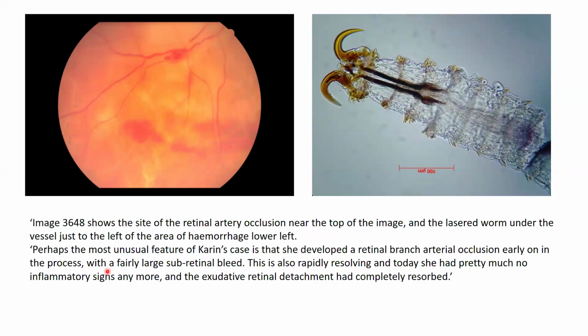Now, this patient unfortunately also developed a retinal artery occlusion, but apparently everything turned out quite well. So the site of the dead larva is over here somewhere under this area of hemorrhage, but you can't see very much.